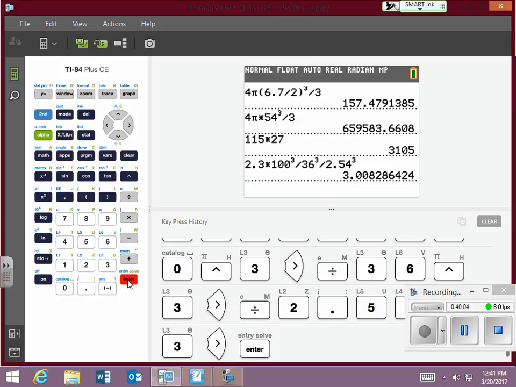3 point... do they want to know rounding off or approximately? Round to the nearest 100. Tens, 100. So that'd be 3.01, right?